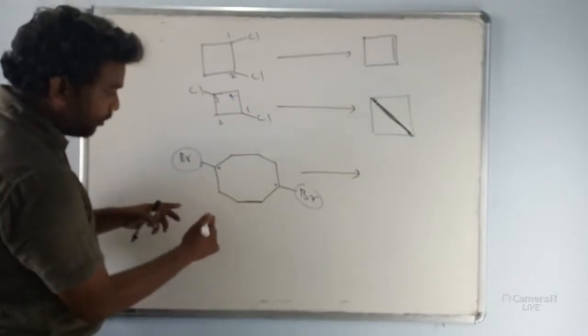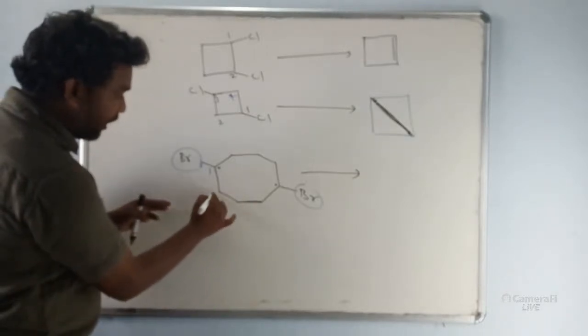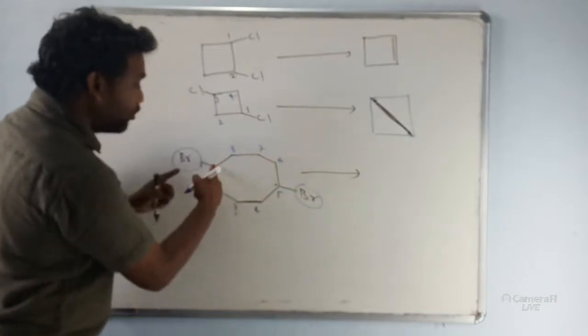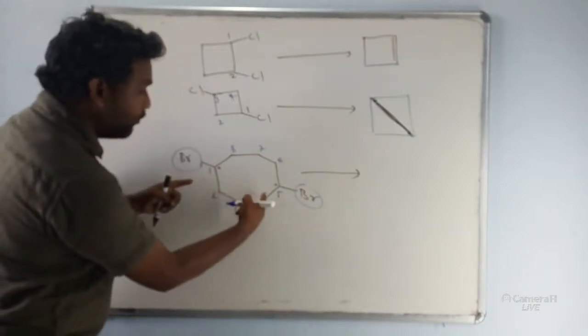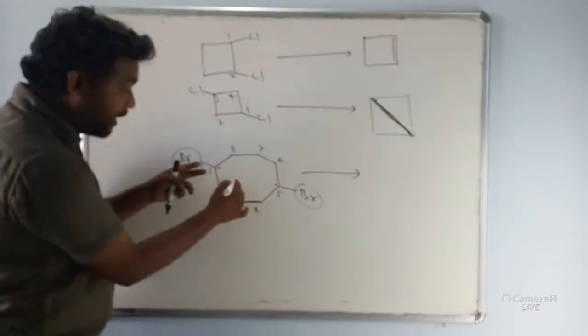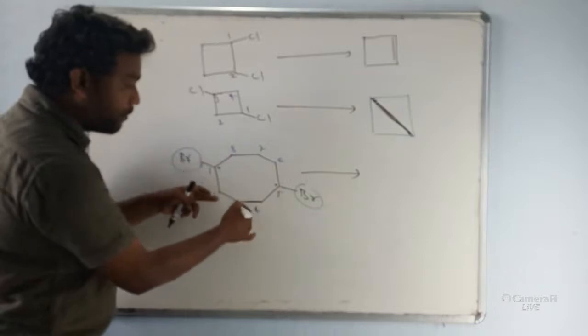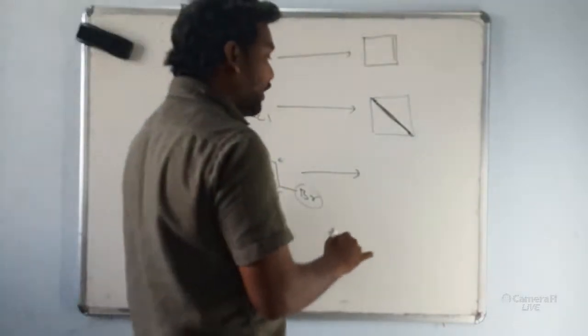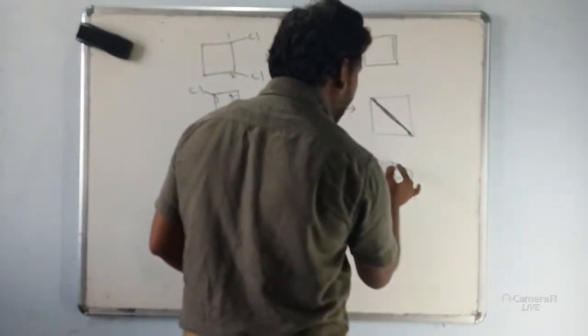What's the name of the bicyclic compound? Suppose you give the numbering from here, 1, 2, 3, 4, 5, 6, 7, 8. From the first to fifth, here this side is a 5-membered cyclic ring, because a bond is going to form, and this side also, 1, 2, 3, 4, 5. So 2 five-membered cyclic rings we are going to get.